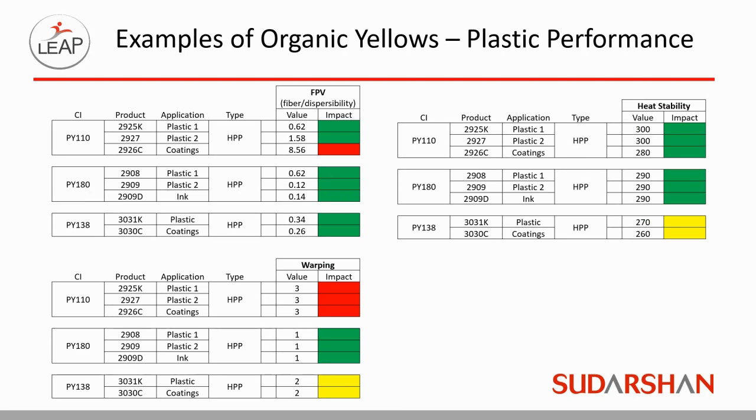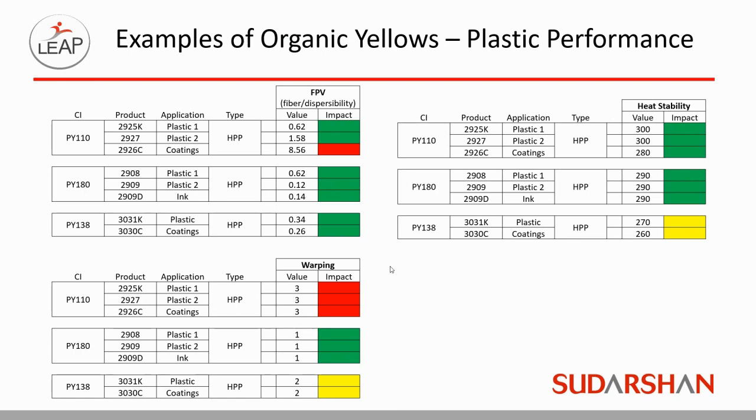Moving on over onto the plastic performance, these pigments also need to be dispersed. The difference here is there's a much shorter residence time with respect to a dispersion in plastics. So it's key to make sure that we have the best performing pigment product up front as well.